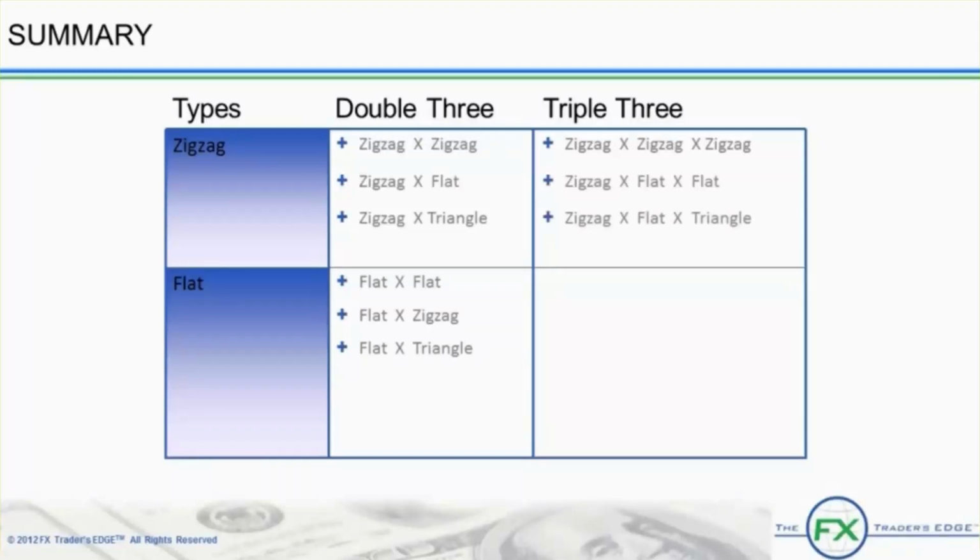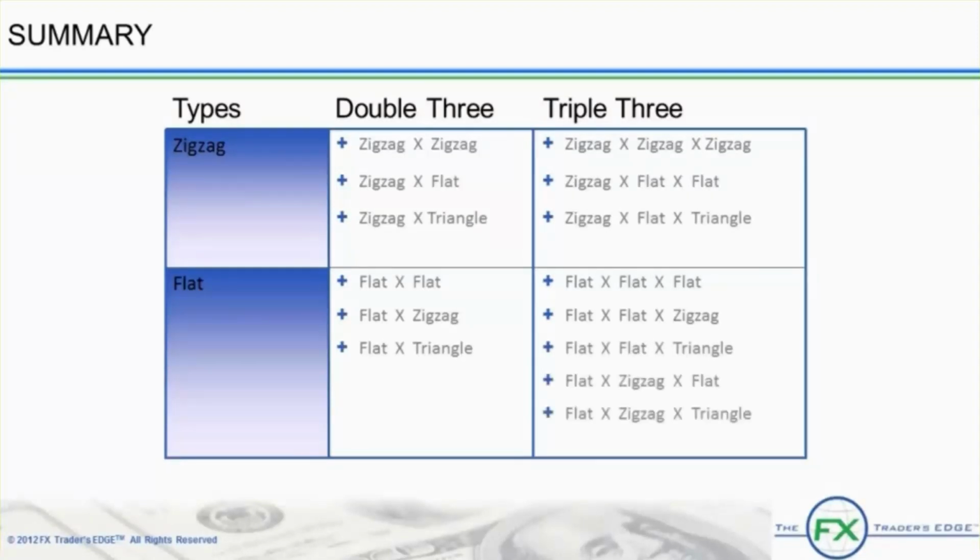Possible flat triple three combinations are flat, flat, flat, flat, flat, zigzag, flat, flat, triangle, flat, zigzag, flat, flat, zigzag, triangle. This is a good chart to keep in front of you when you are looking at corrective patterns. If a corrective pattern seems to go on and on, it is because of these combinations.